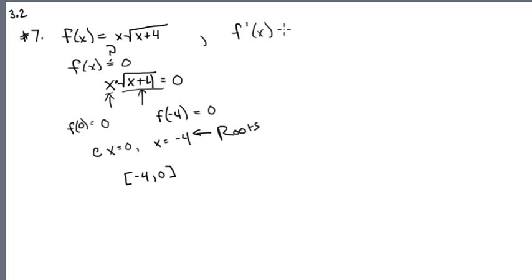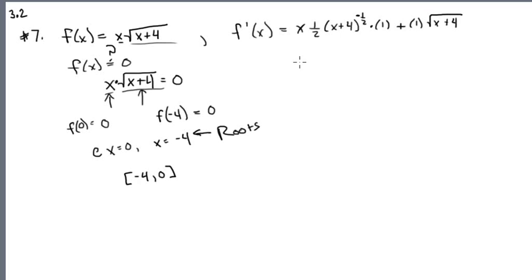F prime of x, let's use the product rule. We have this quantity and this quantity, so we'll hold one of those two constant and take the derivative of the other. The derivative of this will be 1 over 2 times x plus 4 to the 1/2, and then the derivative of the inside, which will just be 1 by the chain rule, and add to that, the derivative of x, which is 1, and leave the other factor constant, square root of x plus 4.